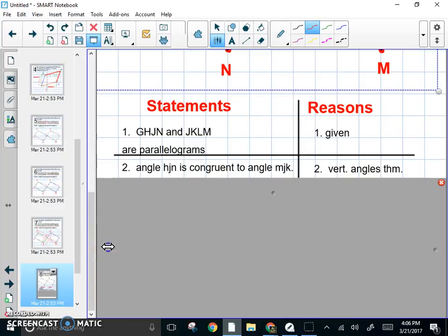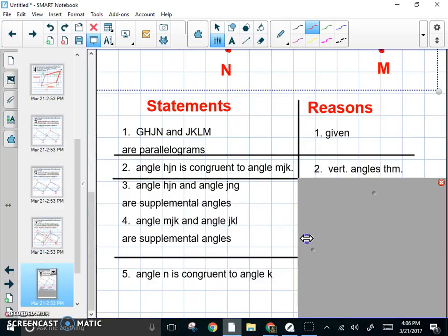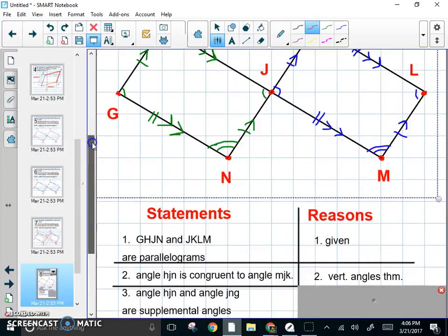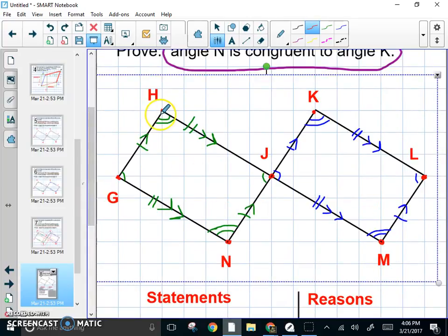The next part is angle HJN and angle JNG are supplemental angles. So HJN, which is this angle, and G and J, which is this angle, are supplemental. Because they are next to each other, they are consecutive angles, and that is one of the things we talked about with parallelograms.